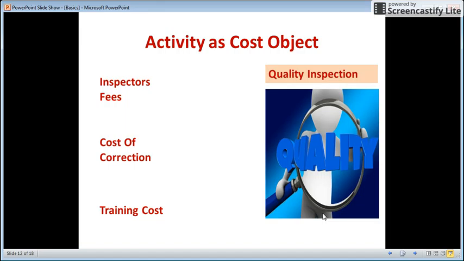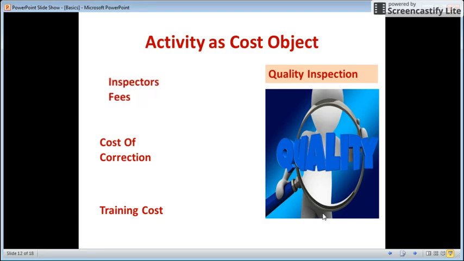Activity is a cost object. Quality inspection is an activity undertaken by the company to check whether the product, the French fries, satisfies certain quality standards. It can be ISO 9000, ISO 9001, or any other quality standard. This will be done by a third party outside the organization.